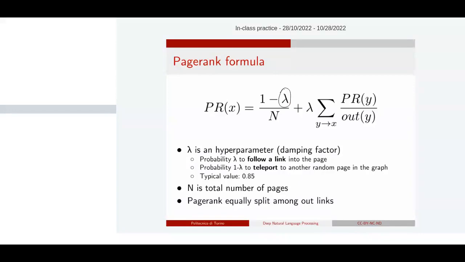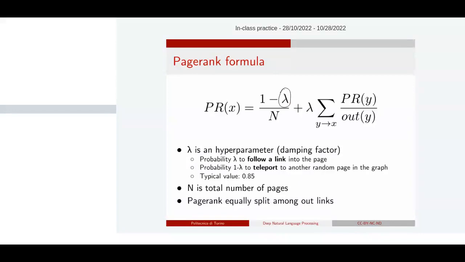This lambda parameter is called the damping factor. And lambda is the probability to follow a link once I am on the page. So I arrived at a web page. What is the probability to follow one of the links in the web page, and not to close the tab or change the address in the web browser? This is the probability of following a link in the web page.